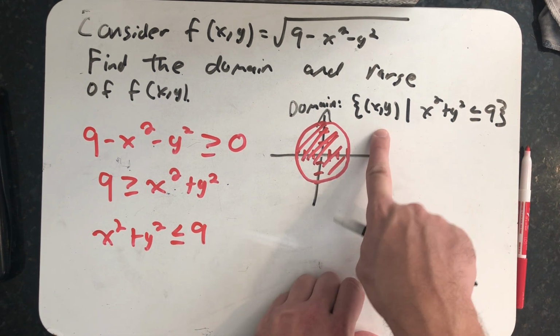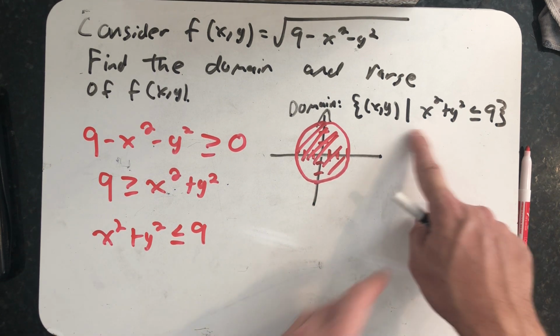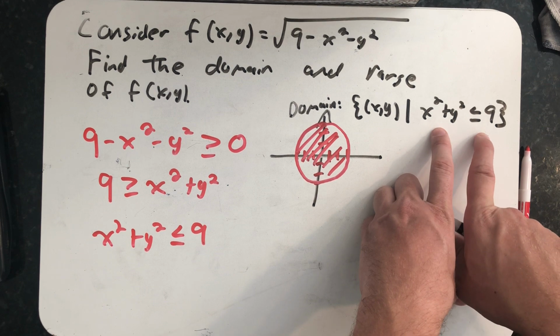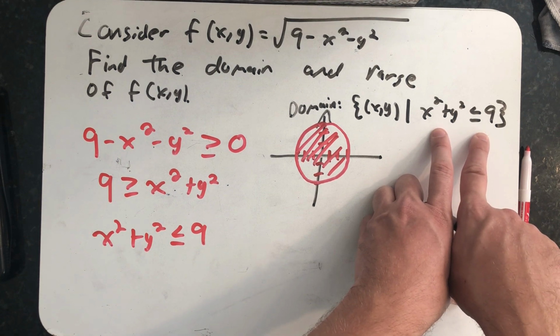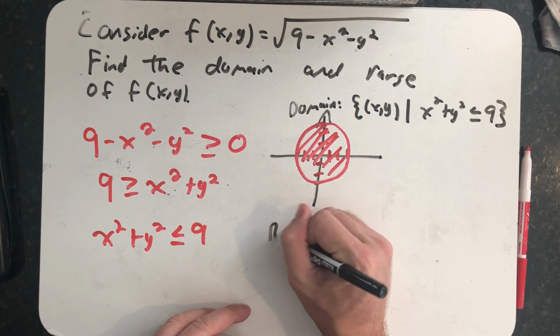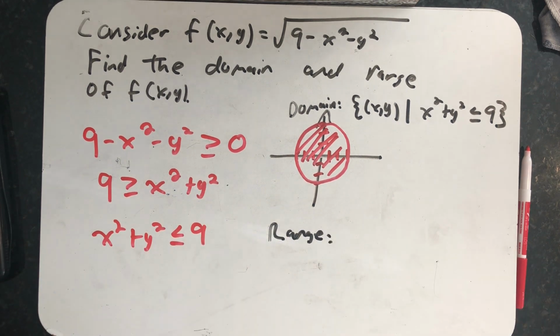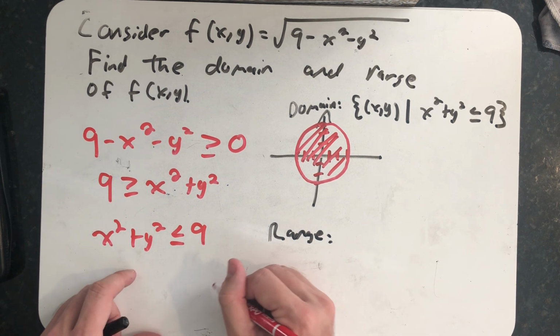I'm looking for ordered pairs, x comma y. This vertical line is always read as the words such that, and then the rule I need to follow for x and y. X squared plus y squared has to be less than or equal to 9. The range, those values I can get out, well, if I think about what this function is doing, it's giving me the top half of a sphere.